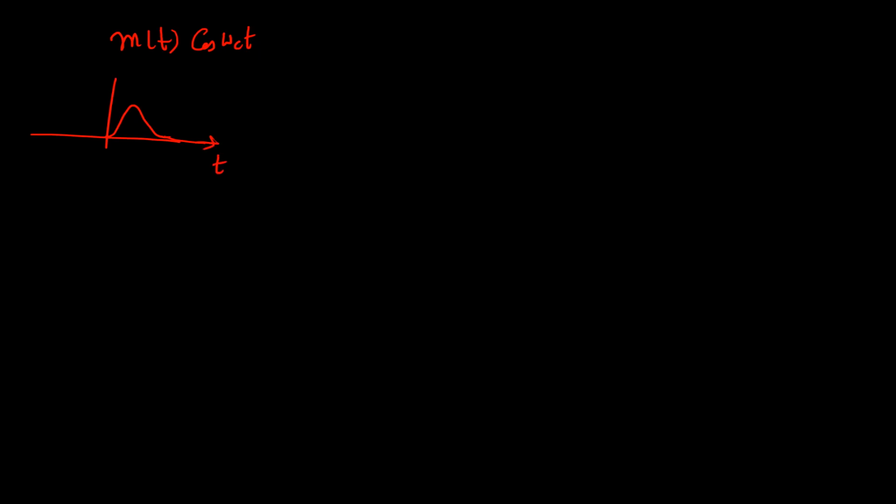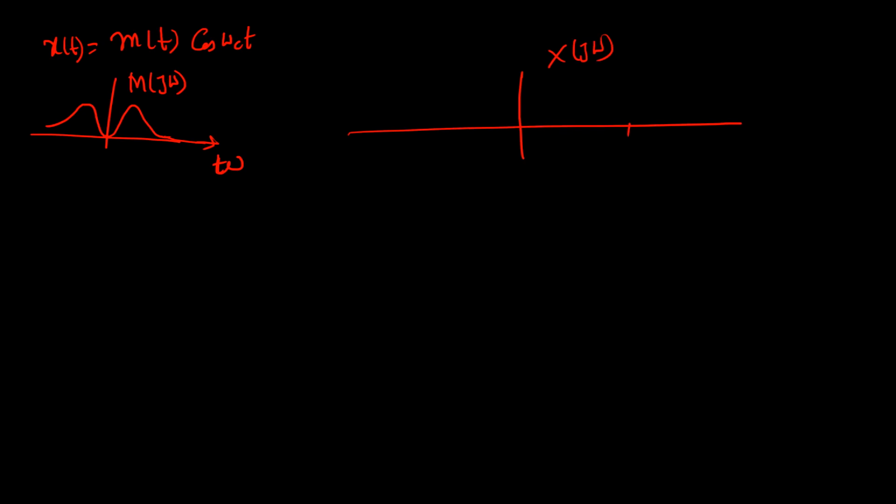This is your ω, this is capital M(jω). Fine. Then if this is your signal x(t), then capital X(jω) is around this ωc.